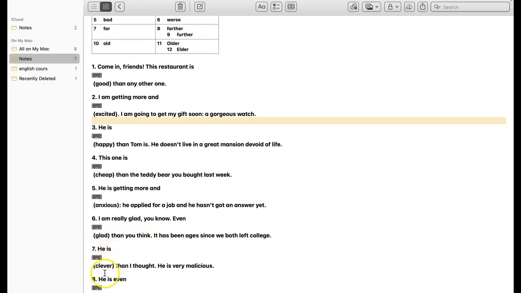He is cleverer than I thought. He is very malicious. He is even more good looking than he used to be.